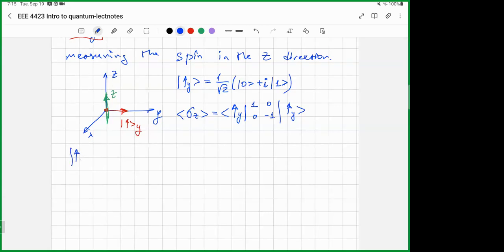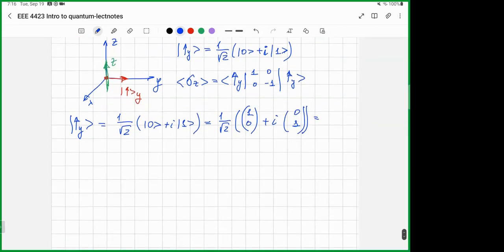So let's rewrite this state, which is 1 over square root of 2 times 0 plus i times 1, in the matrix form. It is equal to 1 over square root of 2, then the 0 state is 1, 0, right? Then plus i times 0, 1.